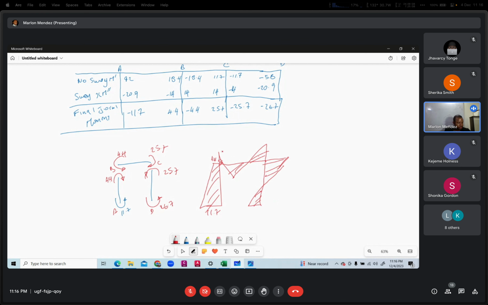You can work this one out by similar triangles, but for now I'll tell you, it is 28.5. This is 25.7, and down here it is 26.7. Are there any questions?